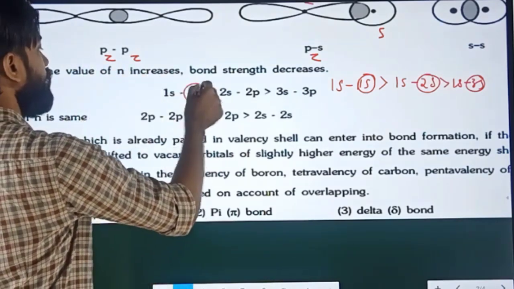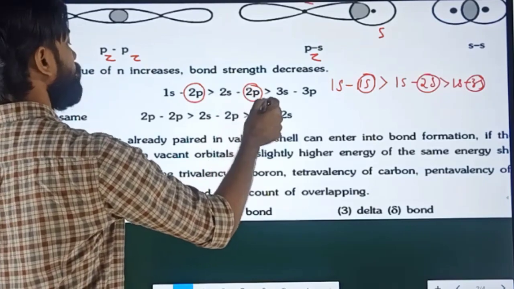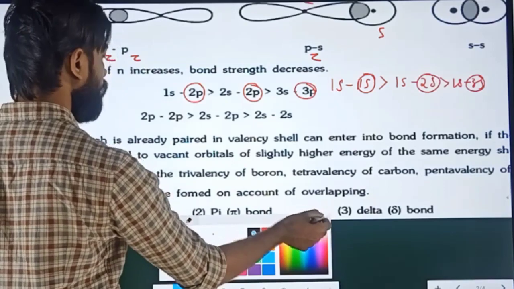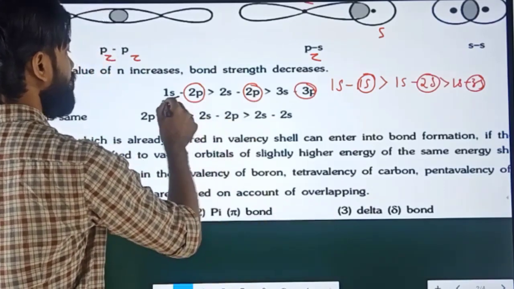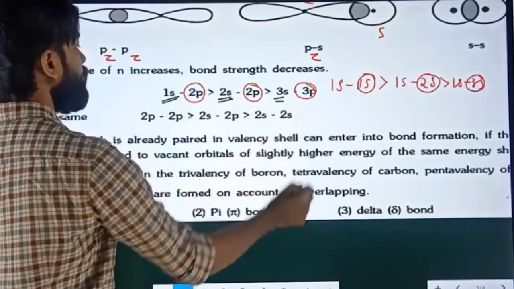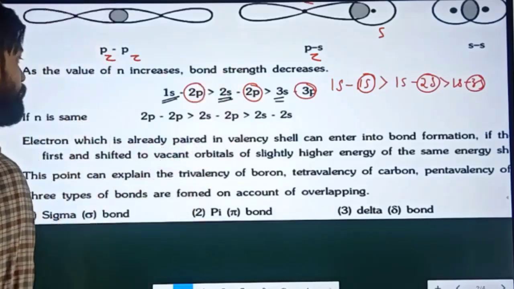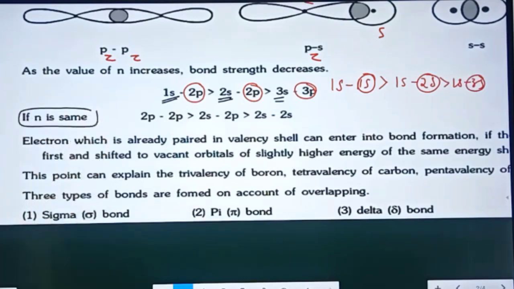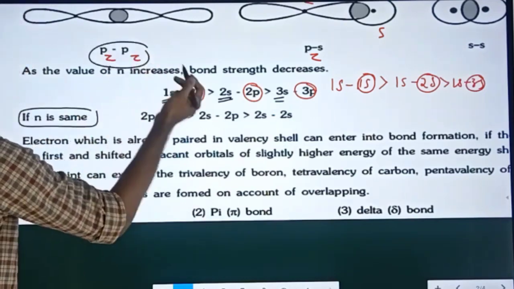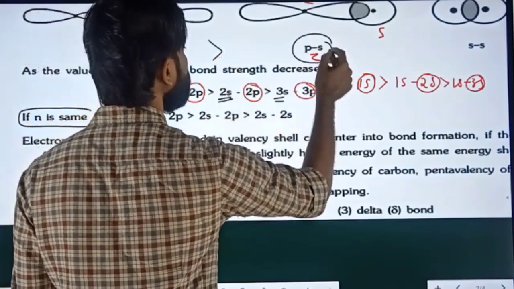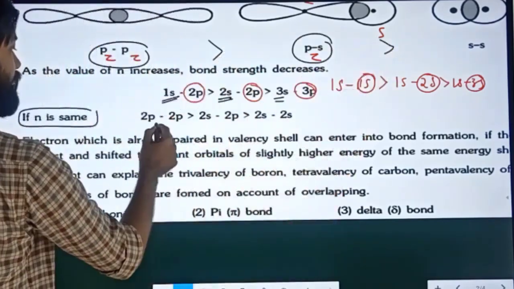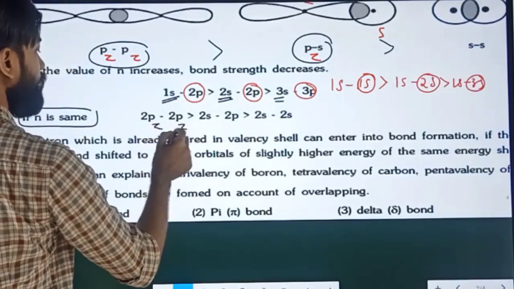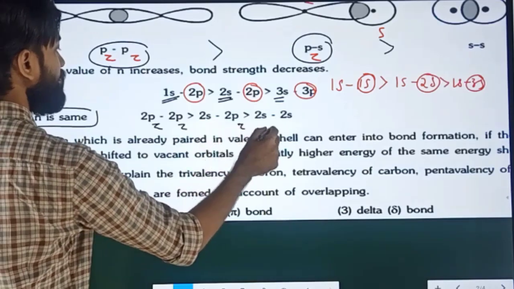Here the value of n is 2p, where all are the same, but here the n value is 1, n value 2, n value 3. So as n increases, bond strength decreases. But if n is the same, then pz-pz has greater extent than s-pz and s-s. That is exactly given here. If n is the same, pz-pz is greater than s-pz, then s-s.